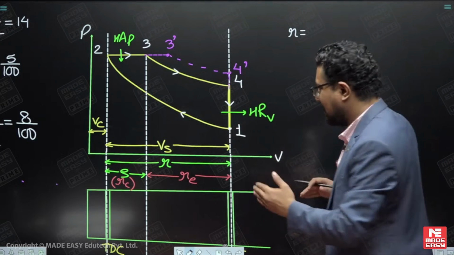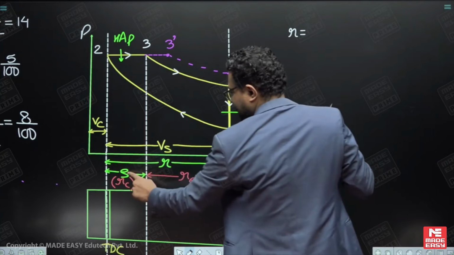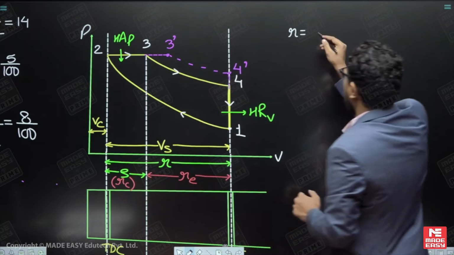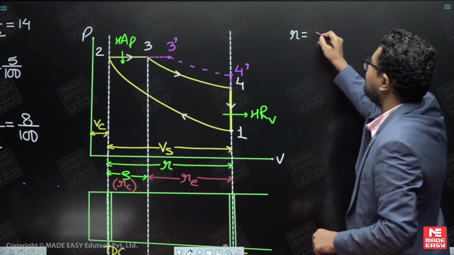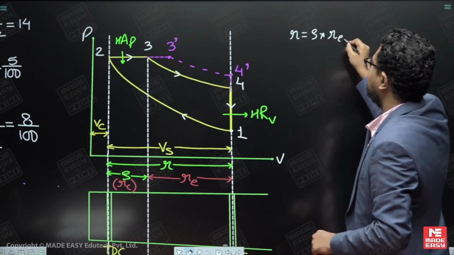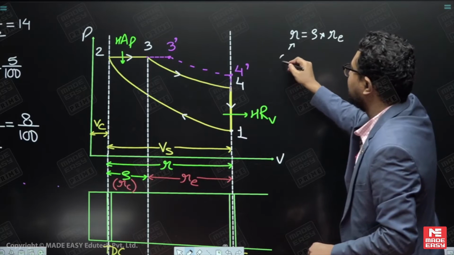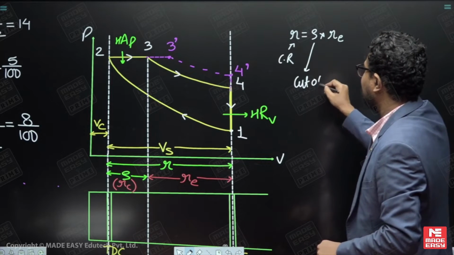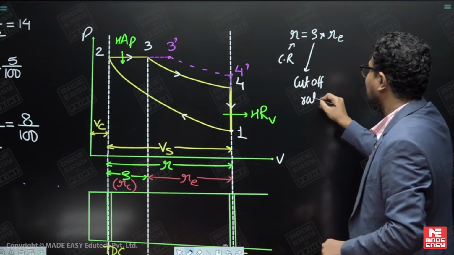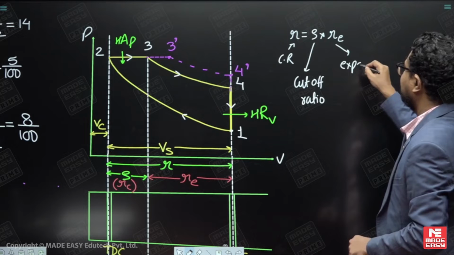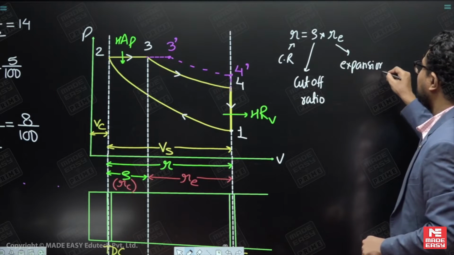So if we are moving from here to here, this ratio is R. So this R will be equal to rho into RE. That is, R equals the cutoff ratio rho into RE, the expansion ratio. So this is the compression ratio, this is the cutoff ratio, and this is the expansion ratio. Wherever we require, we will be using it.